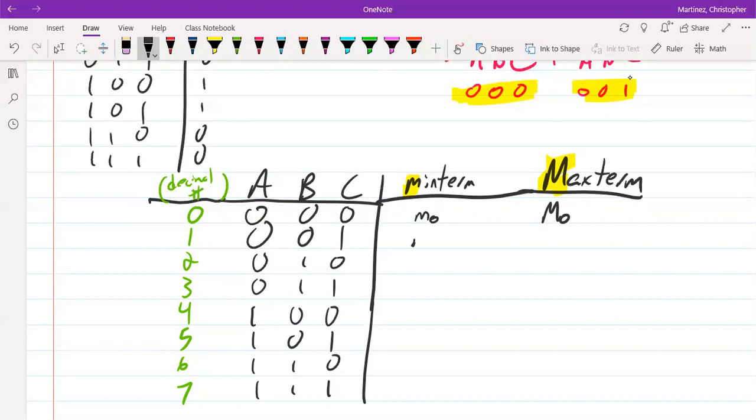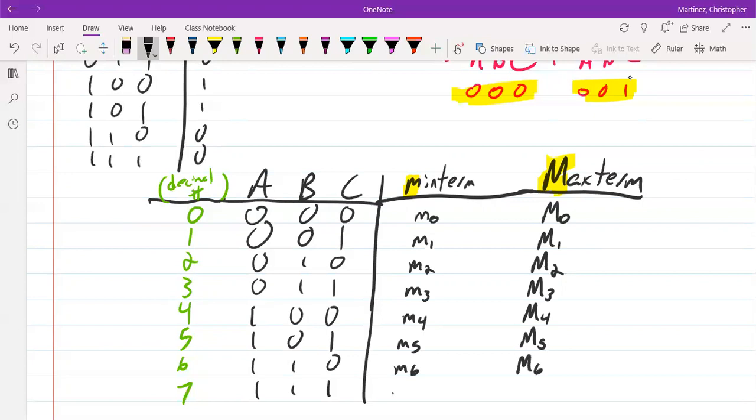The next case is little m1, big M1. Little m2, big M2. Little m3, big M3. Little m4, big M4. Little m5, big M5. Little m6, big M6. Little m7, big M7.